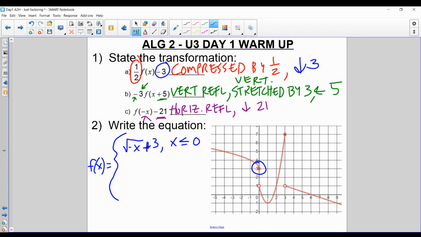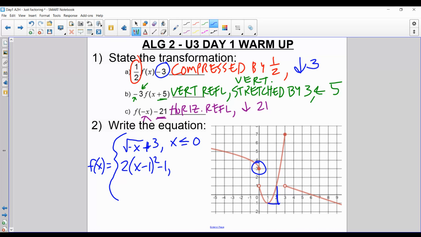Okay, the next piece of my graph is a quadratic. It's opening normal, so it's positive, but I can see that instead of going out 1, up 1, I'm going up 2. So it's going to be stretched vertically by 2. I'm shifted over 1 to the right, and I'm shifted down 1.